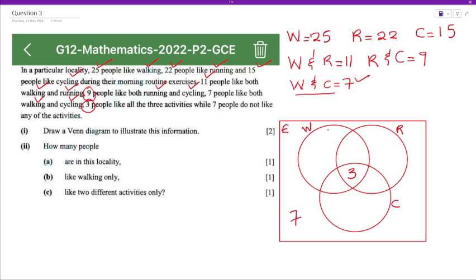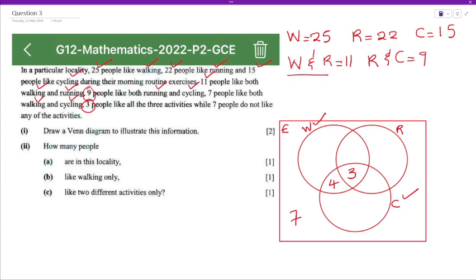The set for walking is this one here. Cycling is this one, meaning this guy, we are looking for a value to put there. So the total is supposed to be 7, so we say 7 minus 3, that gives us a 4. Such that when you add here, everything will get a 7, because the intersection for walking and cycling should total 7. We are done with that guy. You can erase.